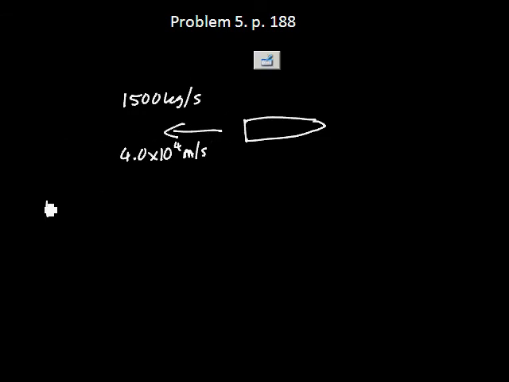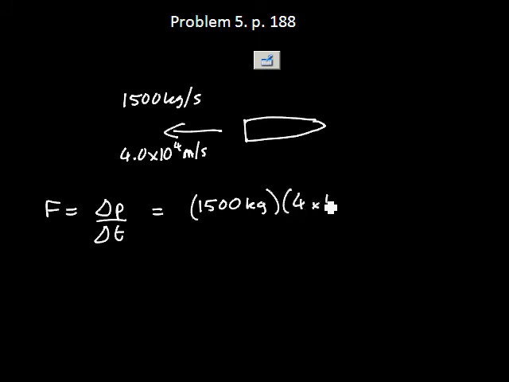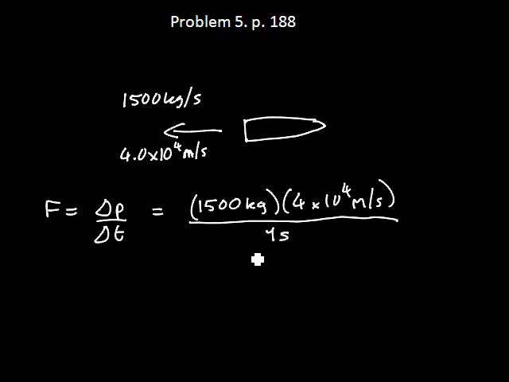So F is delta P over delta T, and the change in momentum: we have 1500 kilograms is the mass, 4 times 10 to the 4 meters per second is the velocity, and that much momentum is being thrown out of the back of the rocket every second.